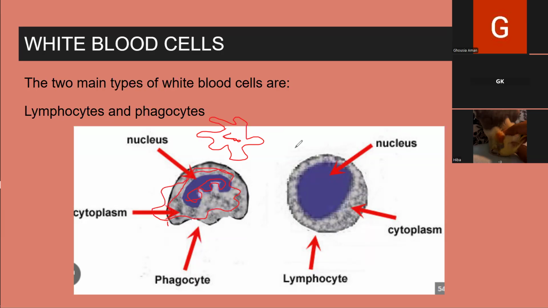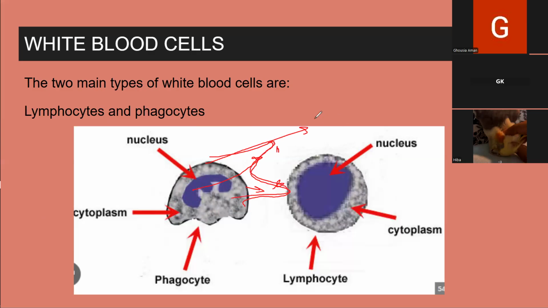It is irregular in shape, and it can change shape just like an amoeba. Amoeba is a microscopic organism that keeps on changing shape. How does it change shape? The cell membrane extends and forms finger-like projections, and the entire cytoplasm flows into it. Just like a person swims in water by moving the hands, it swims in the blood plasma by moving these false extensions.